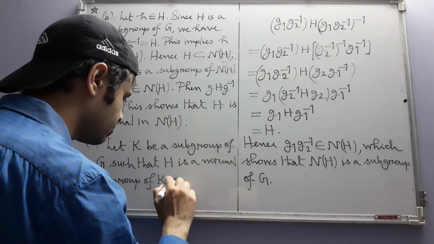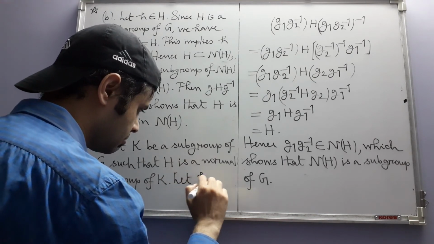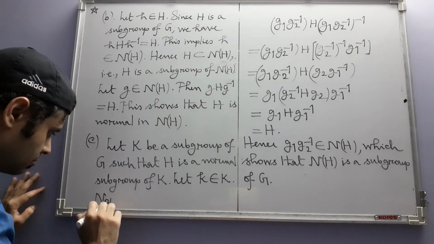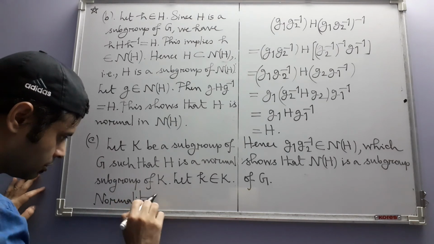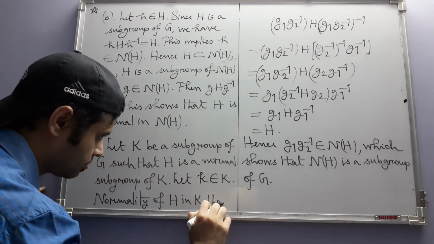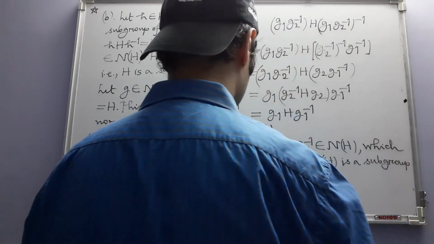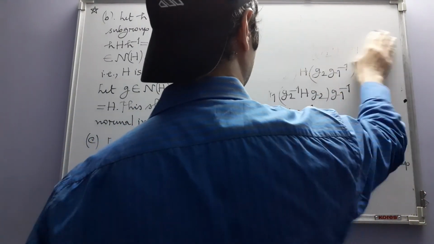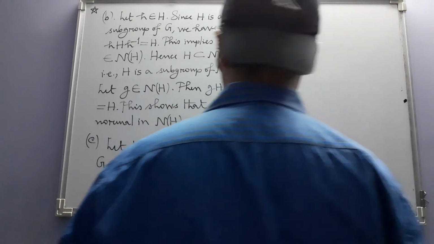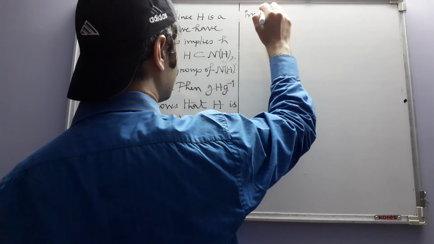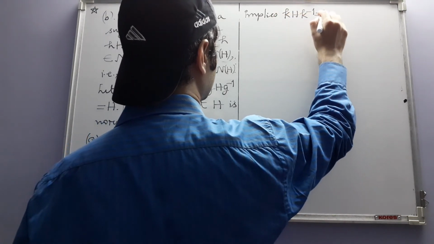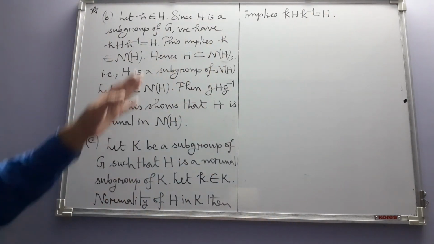So let us take any element of K. Let k be any element in K. Normality of H in K then implies kHk inverse is equal to H. But now you look at the last equation.